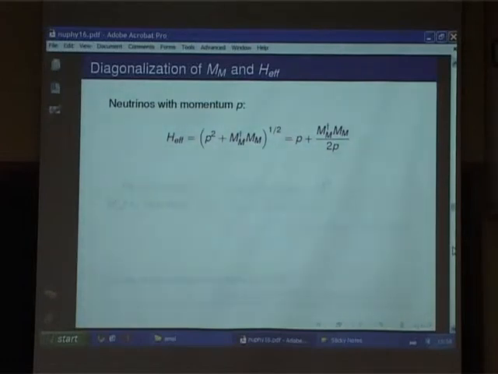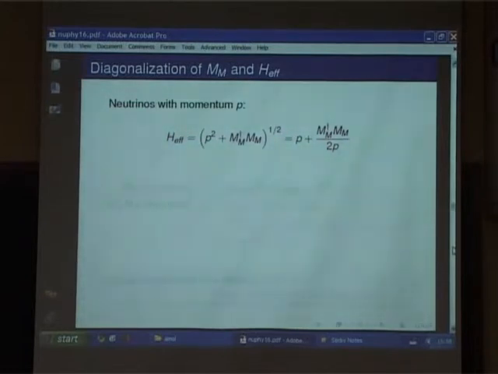This UPMNS should diagonalize the Majorana matrix. But the Majorana matrix is not the same as the Hamiltonian. They are different. So I try to show you that the same matrix UPMNS which diagonalizes the Majorana mass matrix also diagonalizes the Hamiltonian.